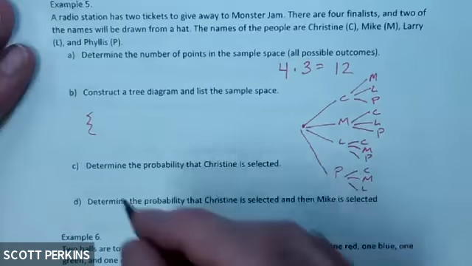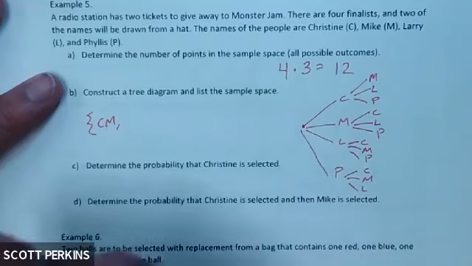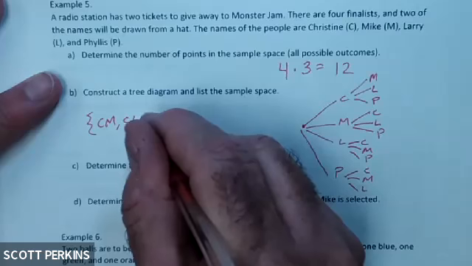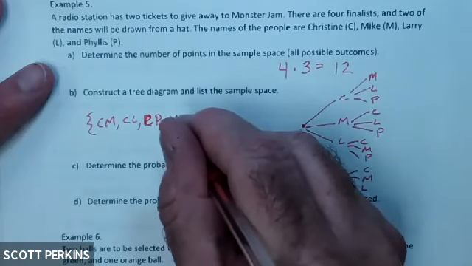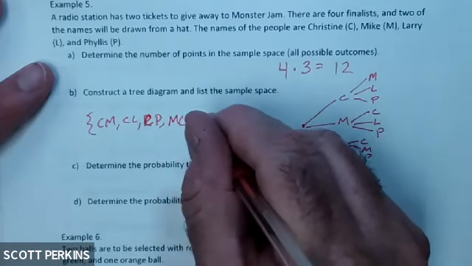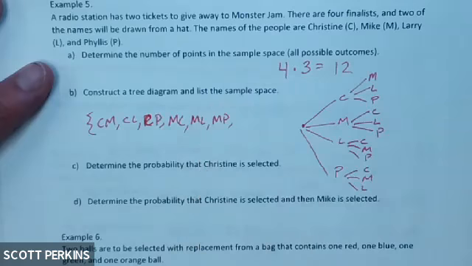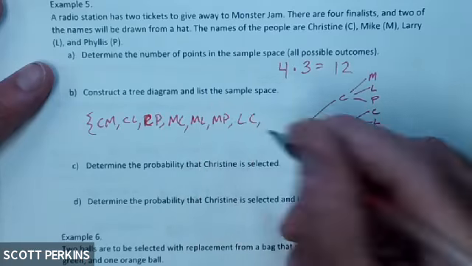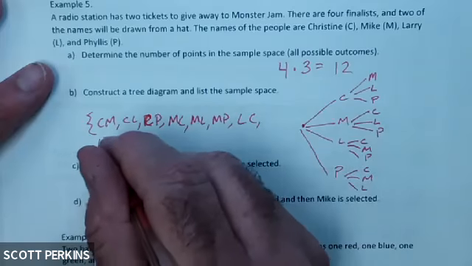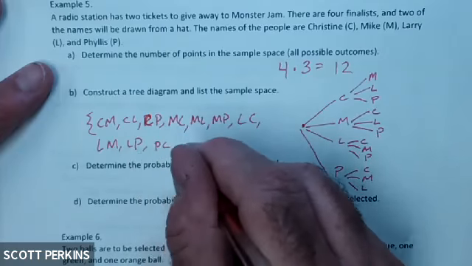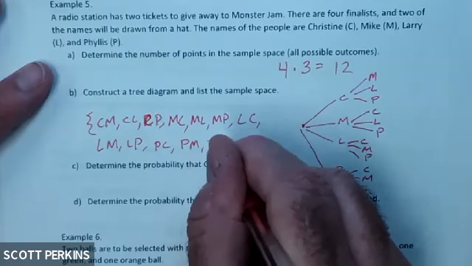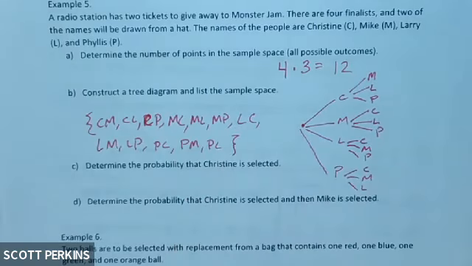So I could have Christine and Mike, Christine and Larry, and Christine and Phyllis. Then I could have Mike and Christine, Mike and Larry, Mike and Phyllis, and then Larry, Christine, Larry, Mike, Larry, Phyllis, and then finally Phyllis, Christine, Phyllis, Mike, Phyllis, Larry. There we go. There's my 12 outcomes.